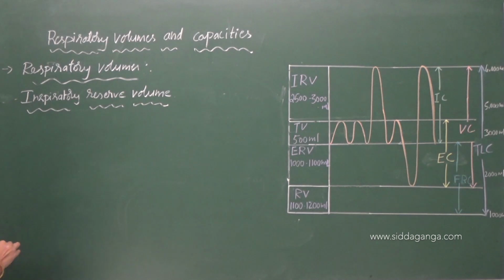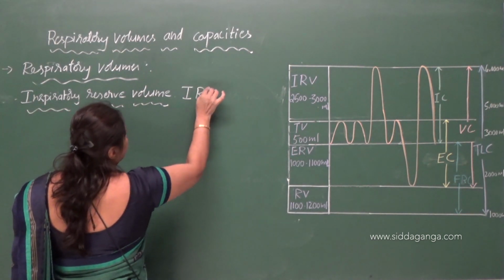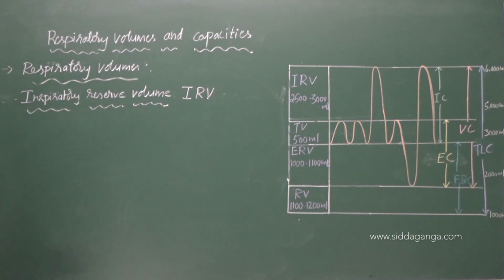In short, it is called IRV. Okay, how can we define IRV, that is inspiratory reserve volume?